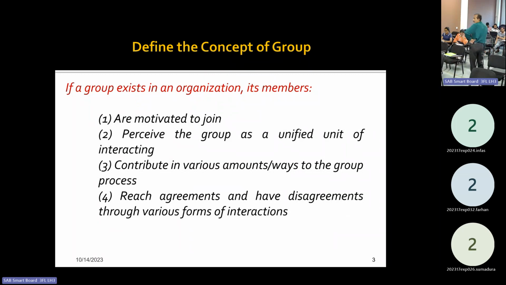Then those members should have these conditions or behavioral characteristics also. Then only, in the modern complex organizations and business environments, can we consider groups. These are some core conditions required in addition to the membership requirement. That's the basic one.